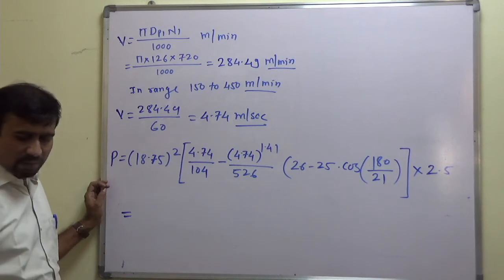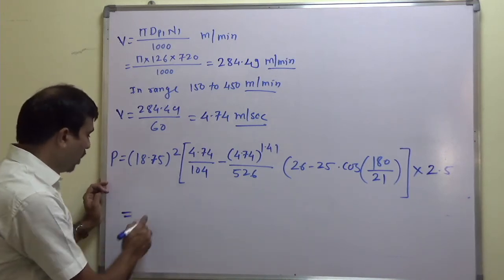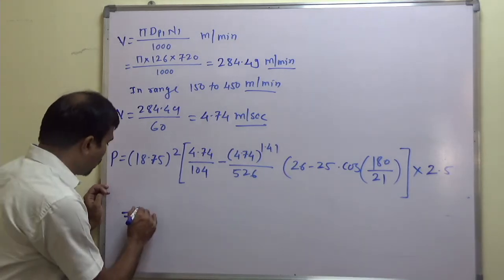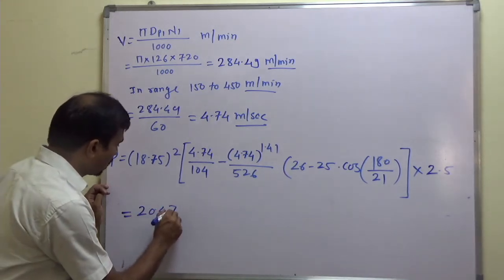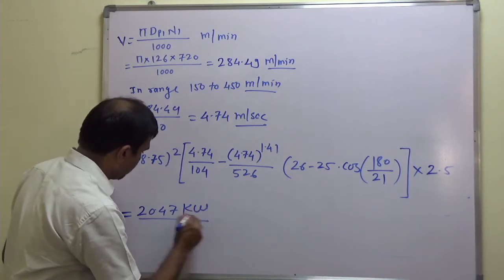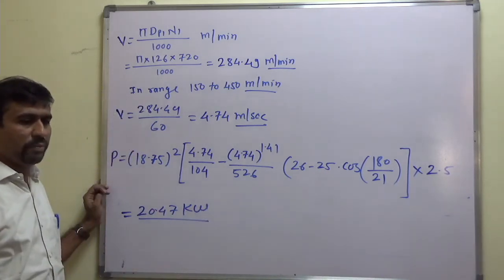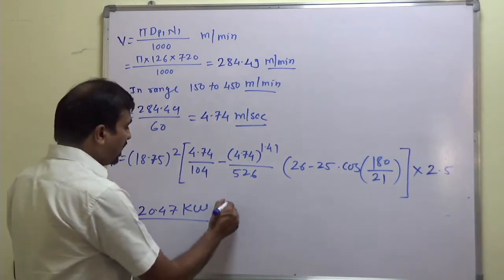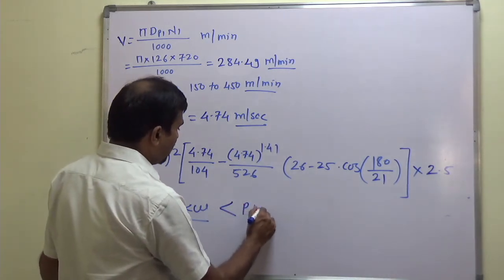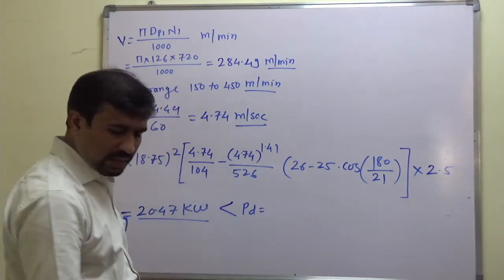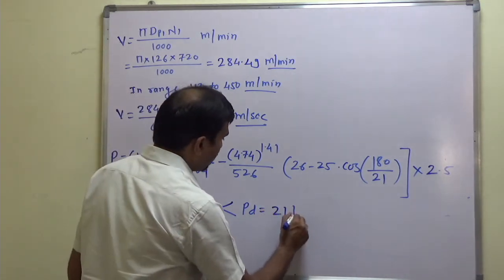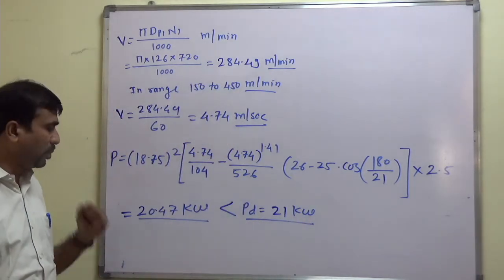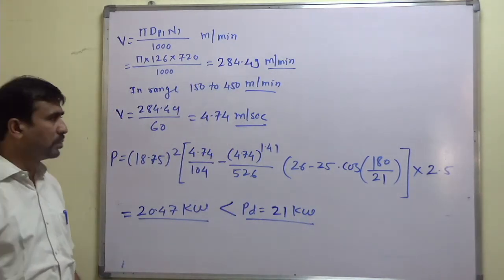After calculating, the power capacity you will get in kilowatt, and that is coming out to be 20.47 kilowatt. Our capacity is 20.47 kilowatt. This is slightly less than the design power PD, which we calculated as 21 kilowatt. The difference is very small actually, approximately 0.5 kilowatt.